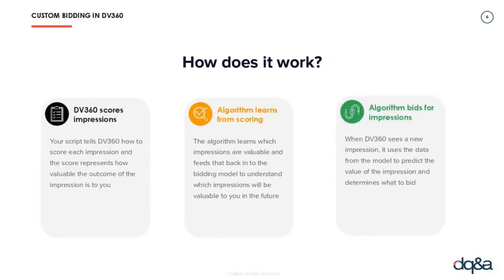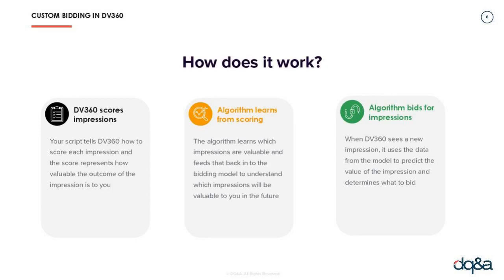How does it work? So when we're looking into DV360, before you actually get to the work of using this custom bidding script, this custom algorithm, first of all, you'll be drafting your piece of script, which is essentially a Python script. And this tells DV360 how to score each impression. And the score represents how valuable the outcome of this impression is to you. Once that is determined, and you input that into the DV360 UI, this algorithm starts learning from the scoring.